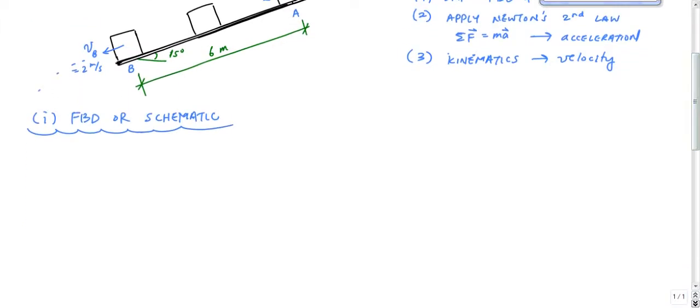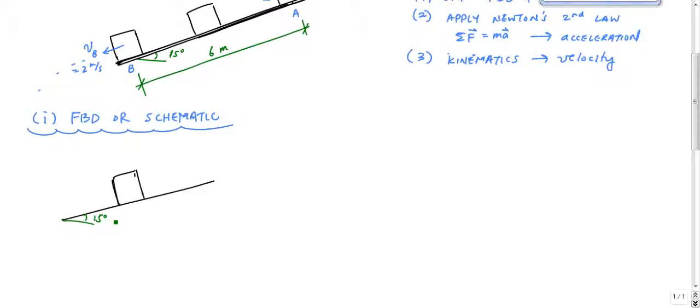So I have this 15-degree incline, and I have a box here like this. Let's make it a cleaner drawing and use my straight edge. Okay, right here. And this angle of the incline is 15 degrees.